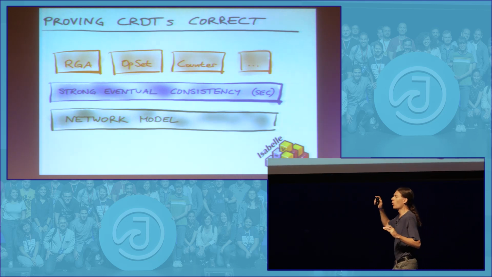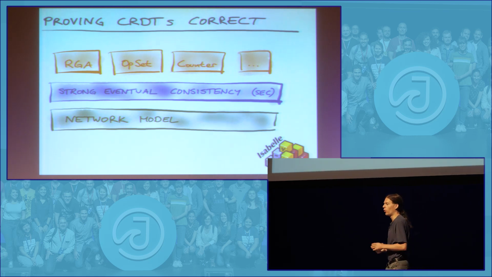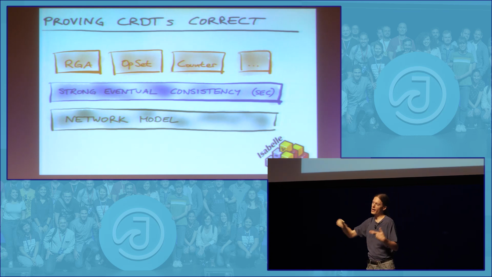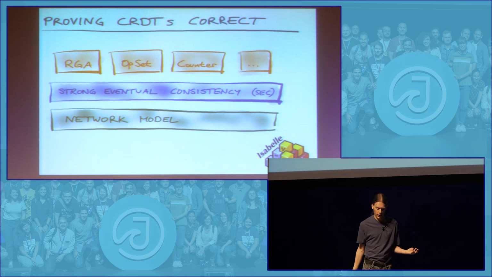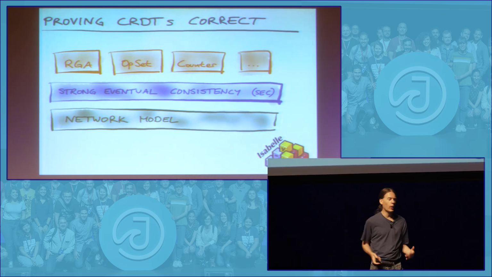What we did was we used a piece of software called Isabelle, which is a formal proof assistant, and we described several of these CRDTs. Here in the top row, RGA, for example, is a CRDT for text editing. We described these using this proof software.